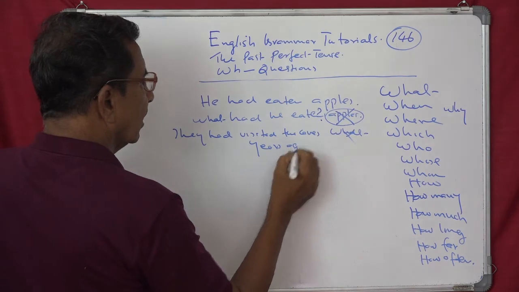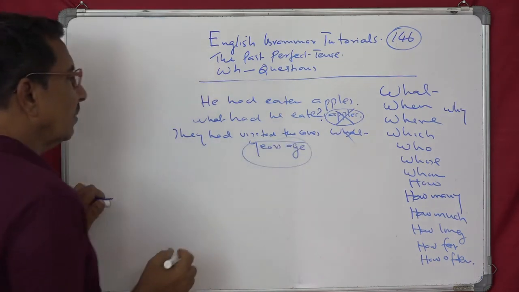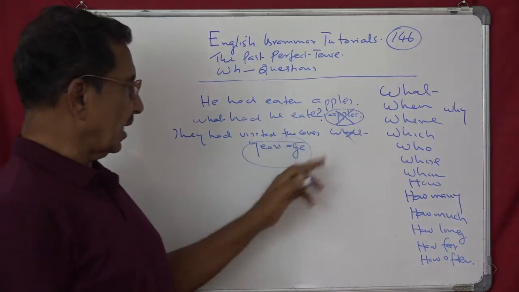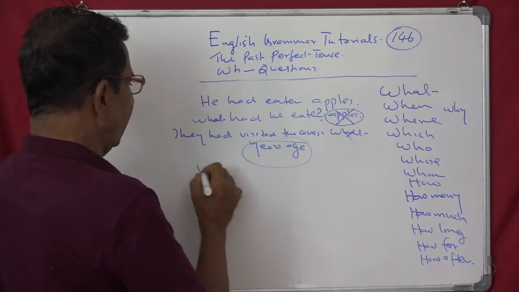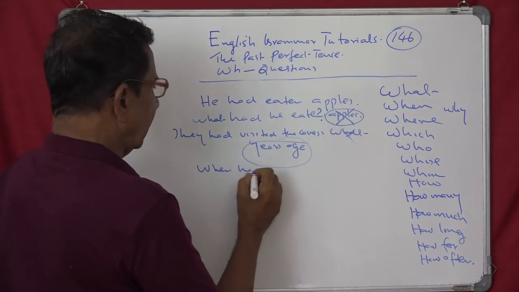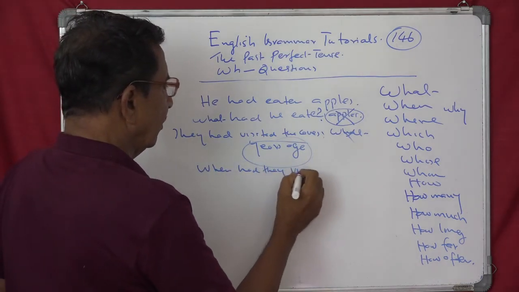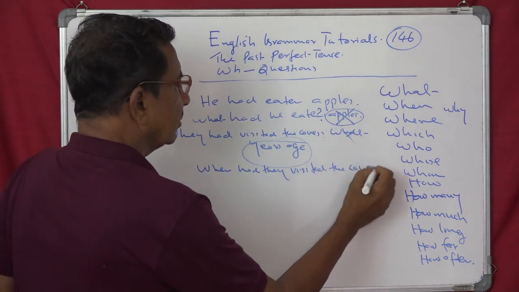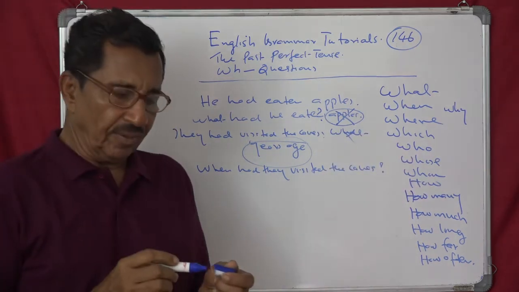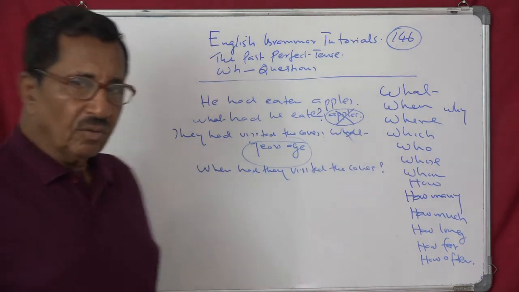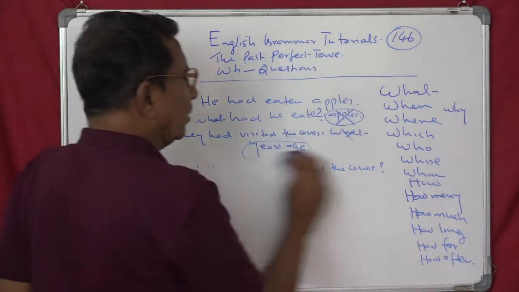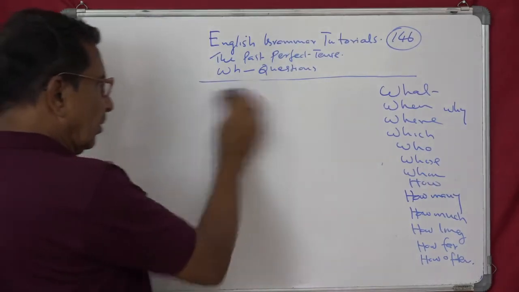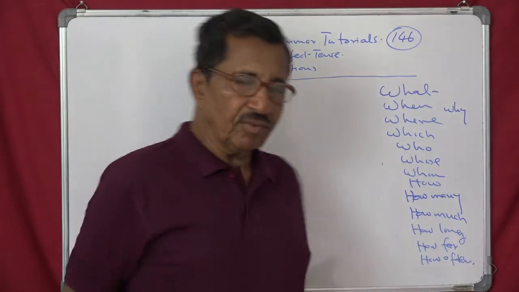You want to get years ago as the answer, then say when is the question word. When had they visited the caves? So that is how you do it. Simple. For a yes or no question, all you have to do is choose the appropriate question word and start the yes or no question with that question word.